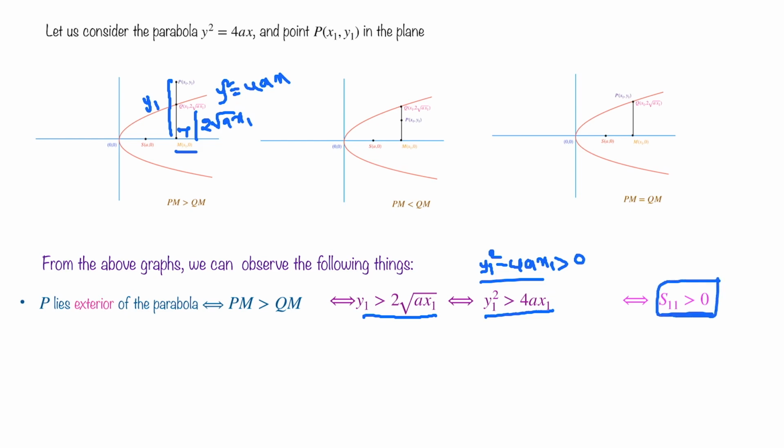Next, P lies interior to the parabola if and only if PM is less than QM.